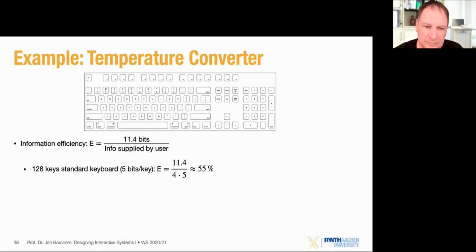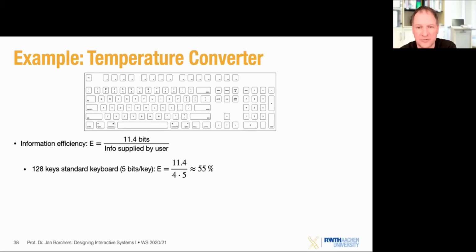That would mean our input efficiency is now 55%. That tells you this keyboard is offering us way too much choice, and because this also includes the option of pressing wrong keys, our efficiency is down. We're not giving people the optimum interface.